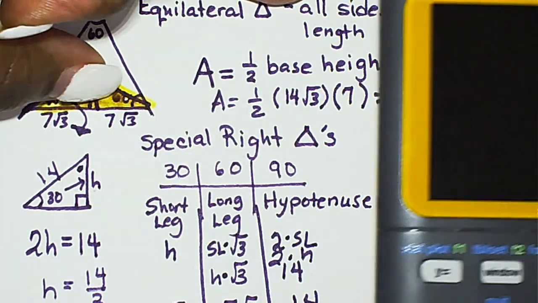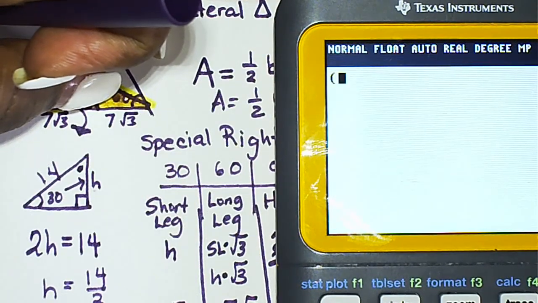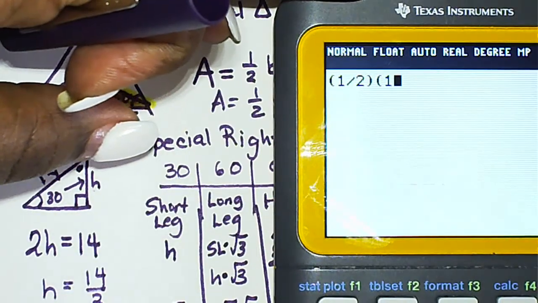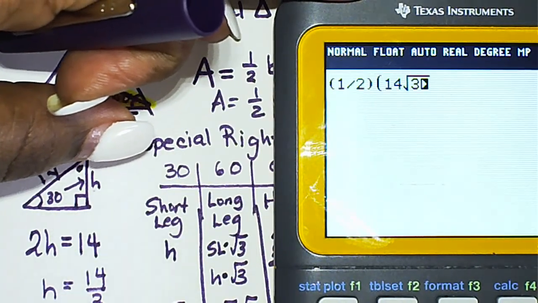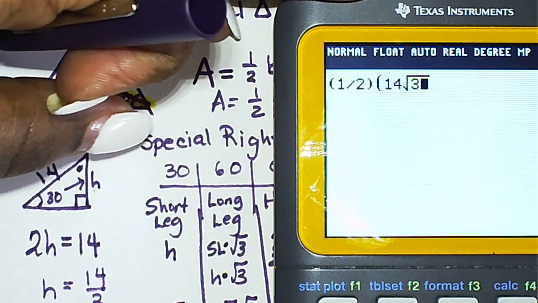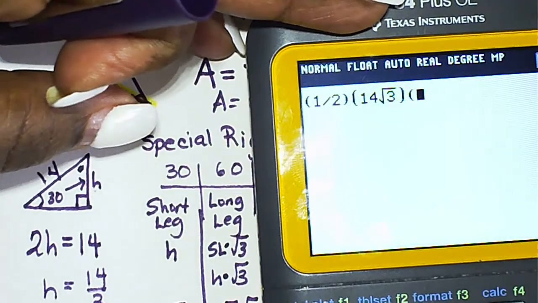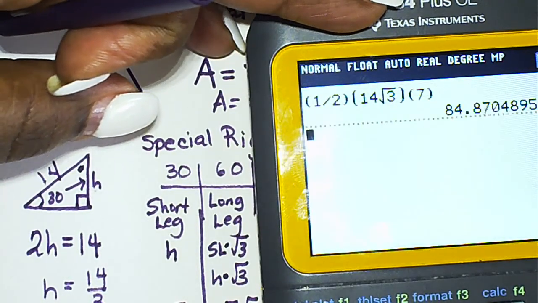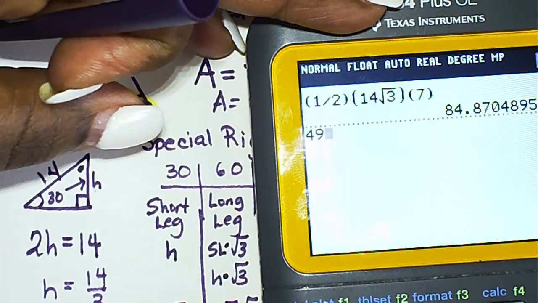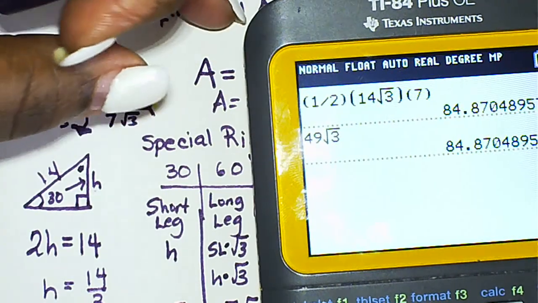So let's see if that comes out to be the same thing. So we have 1 divided by 2 times 14 square root of 3. You gotta get it from under that. Square root of 3 times 7. We get 84.87. So is that the same as 49 square root of 3? Boom. Yes, it is.